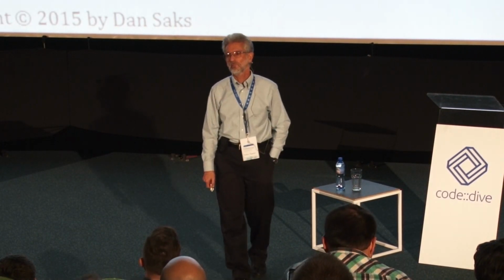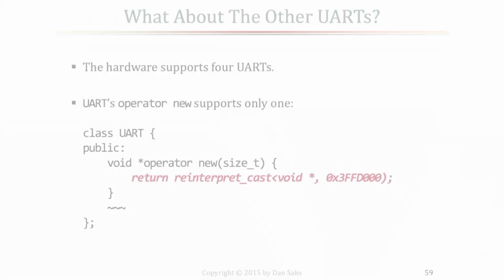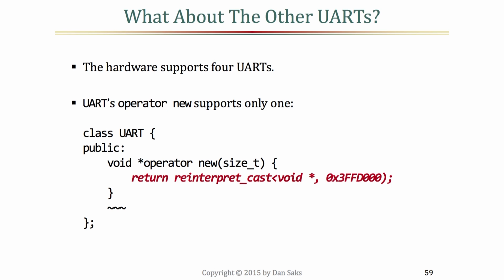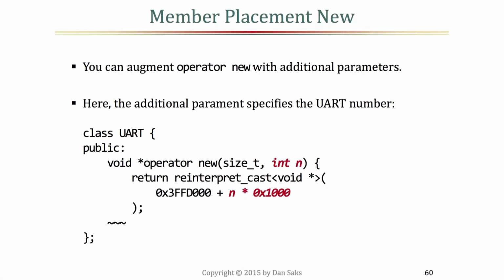Now, suppose there's more than one UART. The one that I just wrote has a hardwired address right there. What do you do about the addresses of the others? Well, that's a simple change. Next. What you can do is you can just add a parameter to the operator new, which specifies the UART number right there.